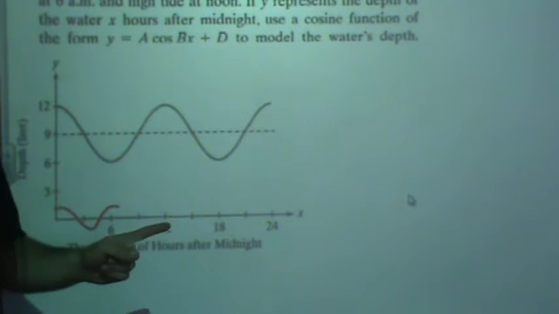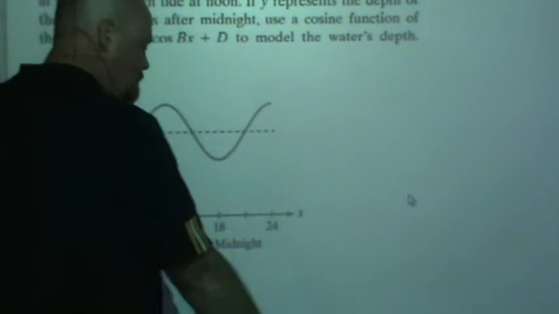So obviously, this graph has been altered. It's been transformed. The first couple of things you want to identify are the extremes and the length of the period. But even before that, if they're starting us on the y-axis, we have two choices, right?